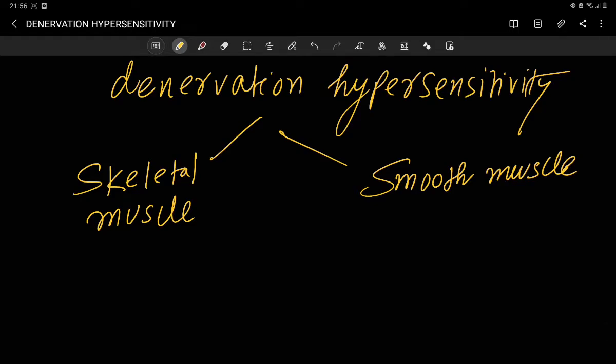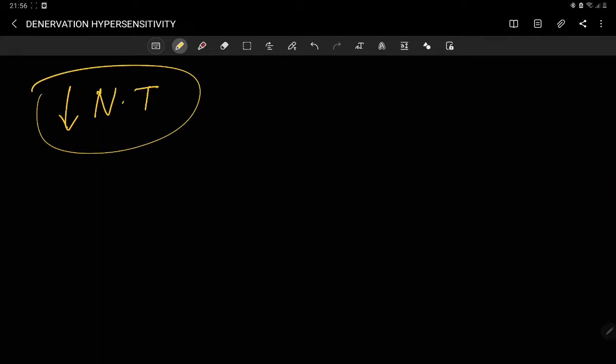Now three things are happening here due to the reduced concentration of neurotransmitter, which is not synthesized now by the nerve.